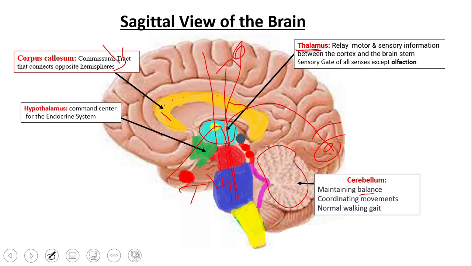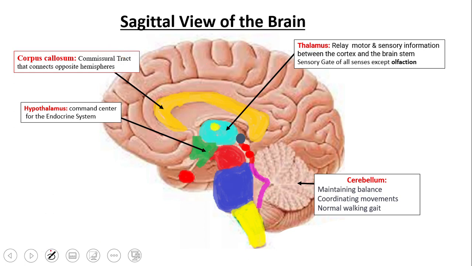Down to the thalamus, we have the hypothalamus. It looks like the letter W. The hypothalamus is the command for the endocrine system. So you can consider the hypothalamus to be the president for the endocrine system.